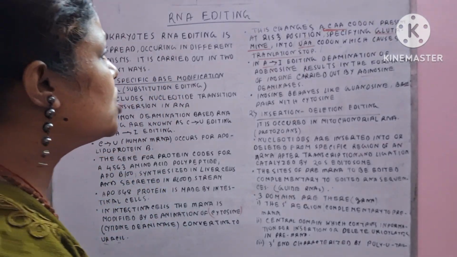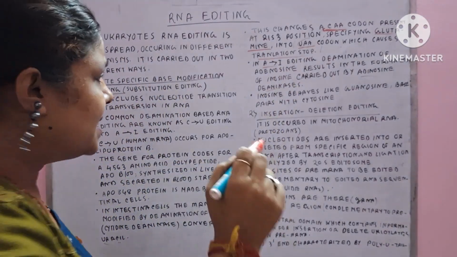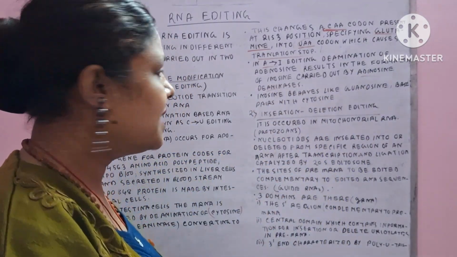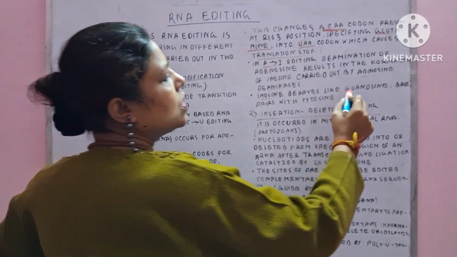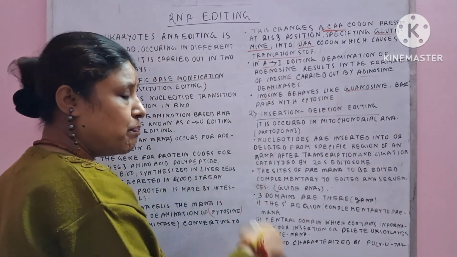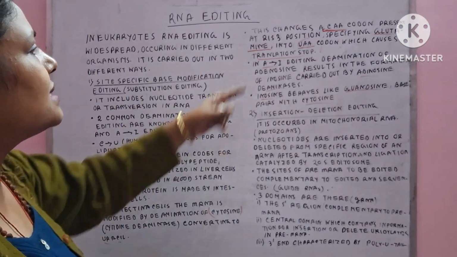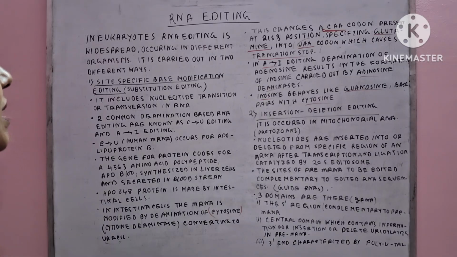So here the conversion of adenosine to inosine is carried out by adenosine deaminases. Clear? And this inosine behaves like guanosine and pairs with cytosine. Okay, so this is an example of the RNA editing process, the site-specific base modification.